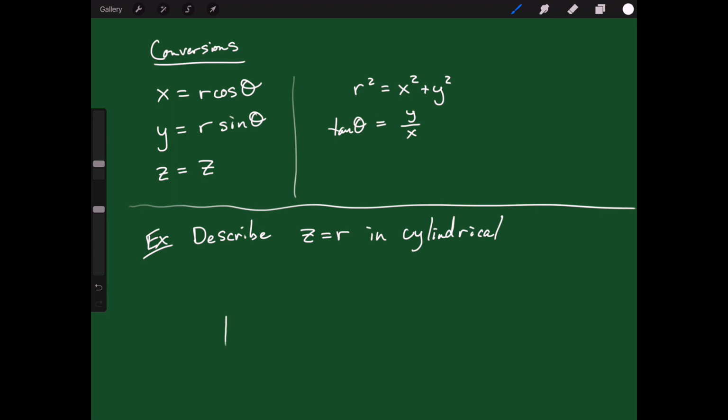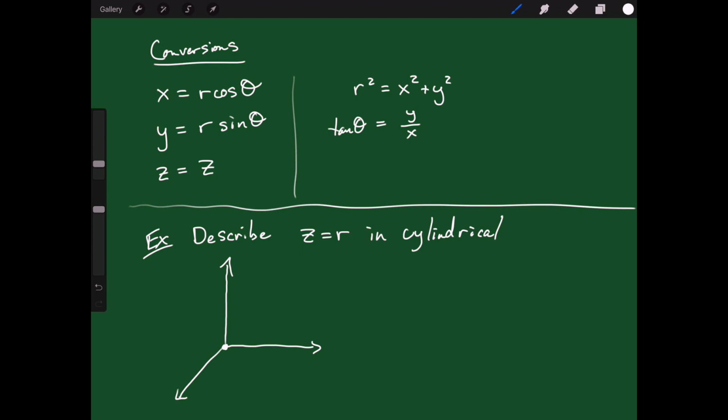If I think about this on my three-dimensional axes, what this is saying is give me any value for r, and that's also the value of z. Now, theta doesn't show up in this equation at all, so theta can be anything. So let's say that r is 0, then that means that z is 0. So that just gives me the origin. And it doesn't really matter what theta is because r is 0.